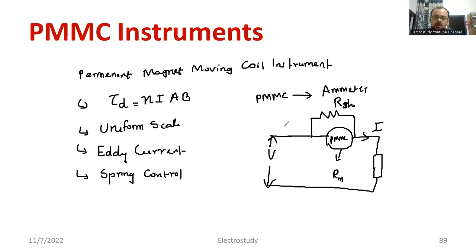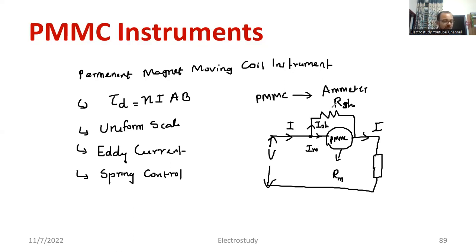Now, when you provide the supply, the total current I will be flowing. At this point, I is getting divided. The current flowing through the resistance RSH is called ISH. The current flowing through the meter PMMC is called IM. I think it's clear to all.